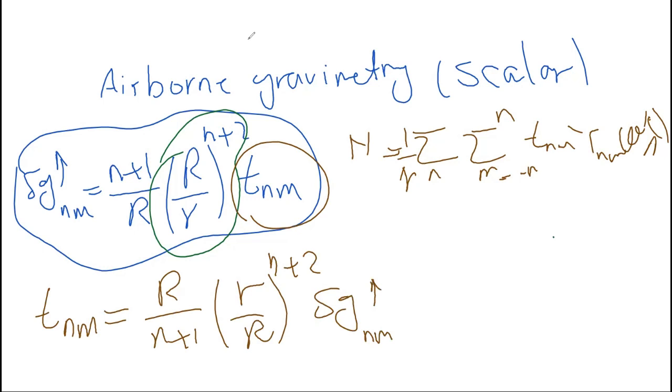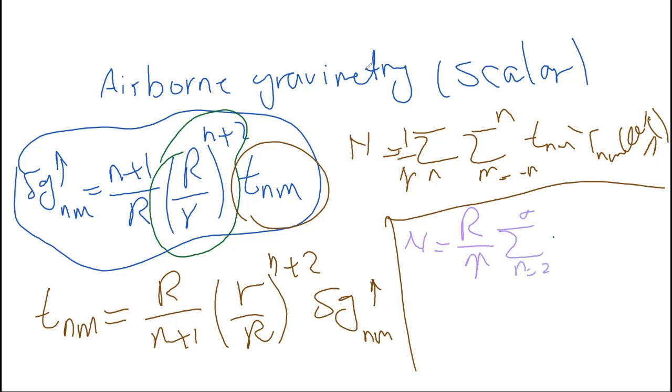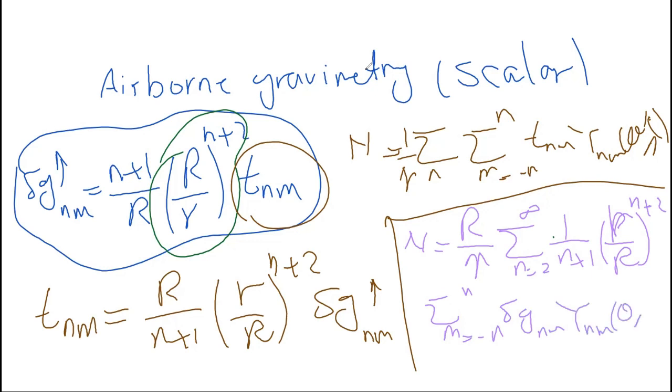If I insert it inside this equation, then I get N is R over gamma, sum over n from 2 up to infinity, 1 over n plus 1, (R over r)^(n+2), and here m from minus n to n, delta g_nm Y_nm(theta, lambda).